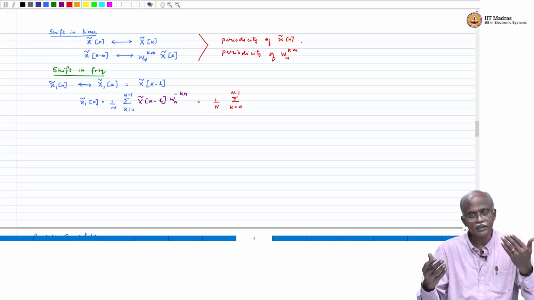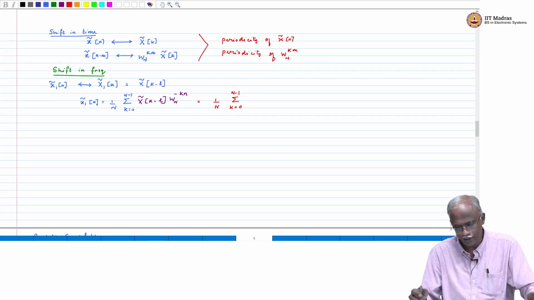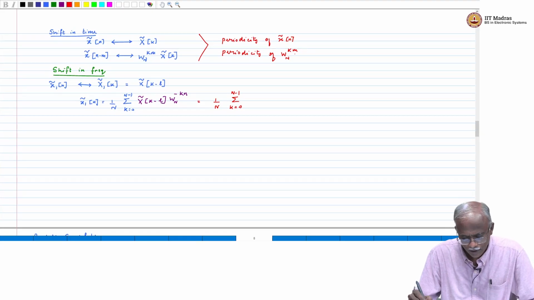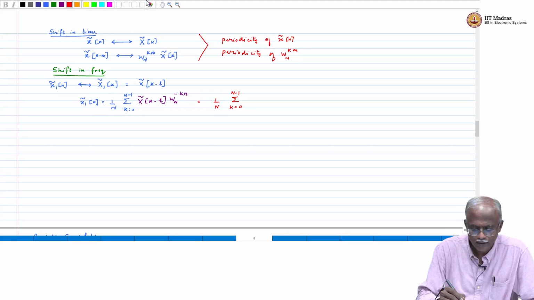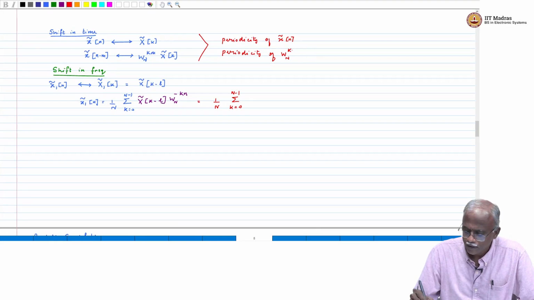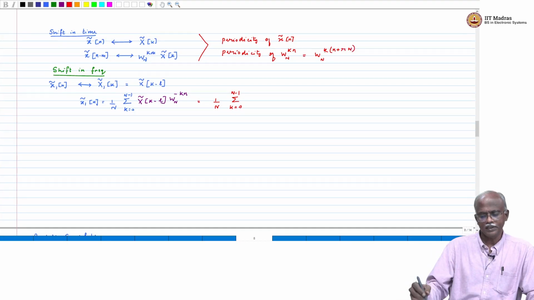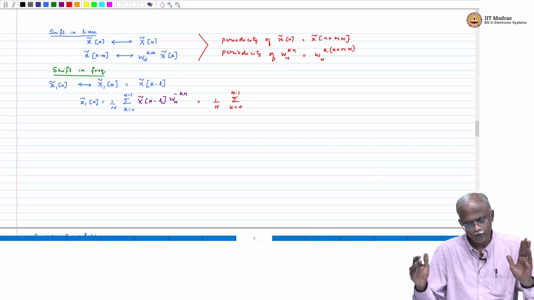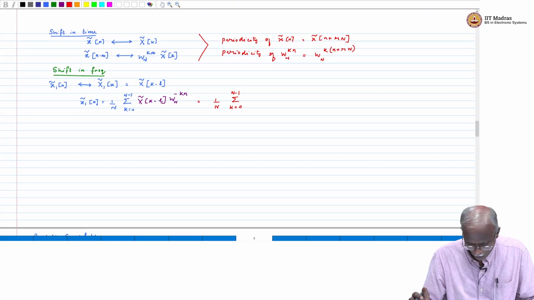Basically the complex exponential also has periodicity, and we used that. So this is equal to W_N^{k(n+rN)}, any multiple of N. This will be the same. Basically, there was a periodicity here. This is equal to x tilde of n plus rN. These are the two periodicities that we utilized.